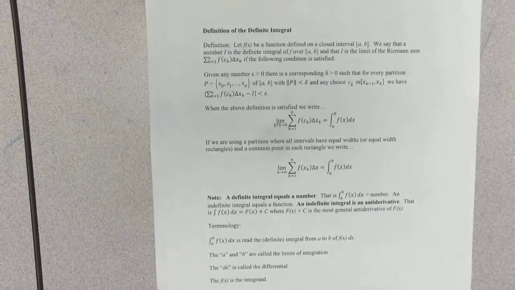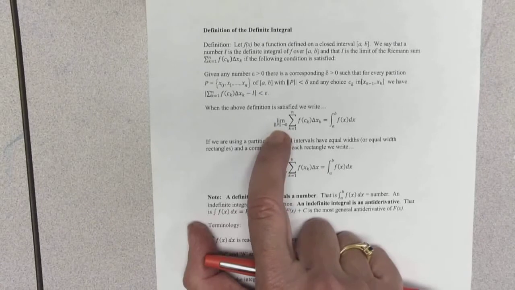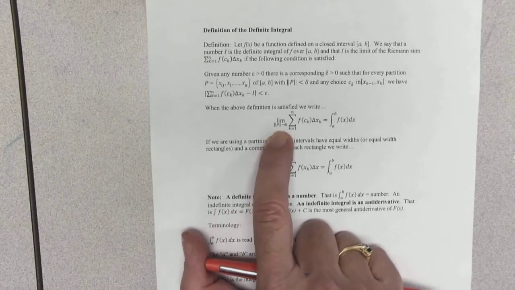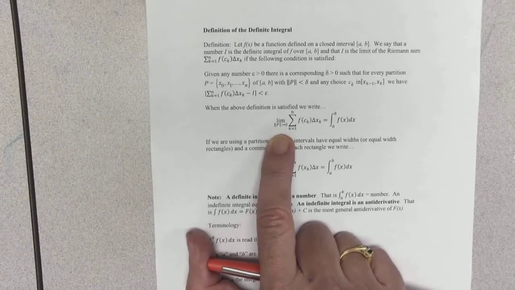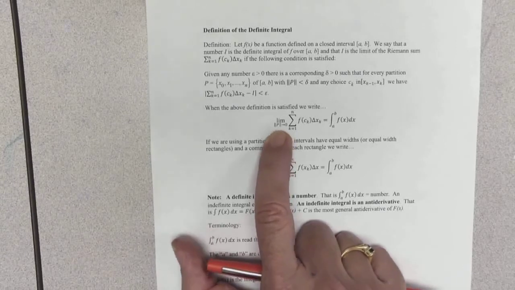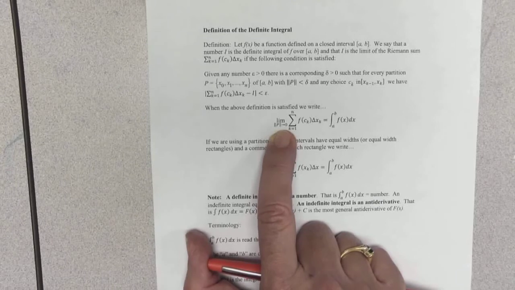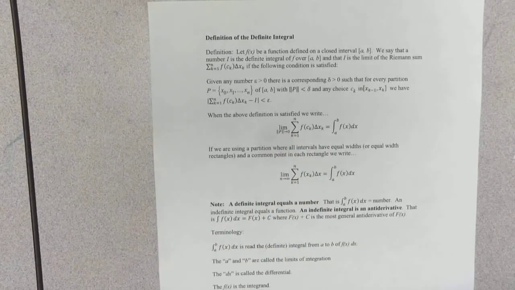By definition, the definite integral is the limit of a Riemann sum. When we say the norm of the partition going to 0, remember the norm was just the width of the largest subinterval. We'll call them rectangles. It was the width of the largest rectangle. So it's saying let this largest rectangle go towards 0.